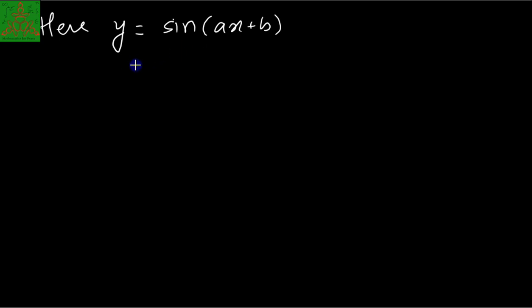To prove the result for n equal to 1, we have to take the derivative. That means it is a first derivative we need to calculate.